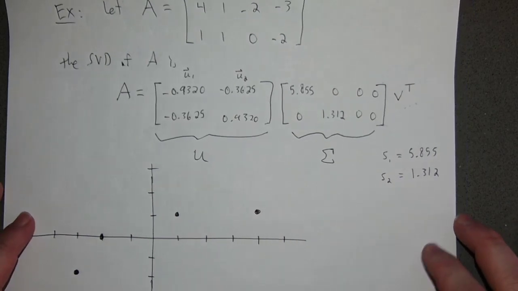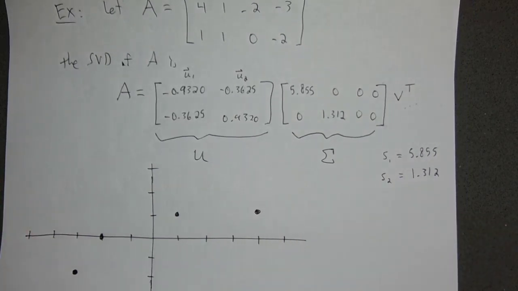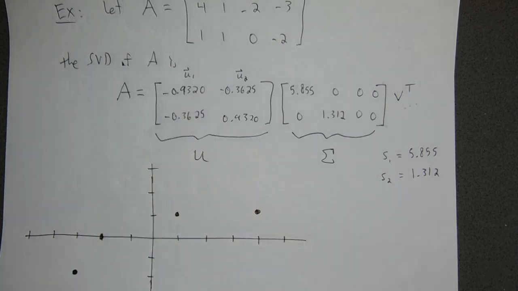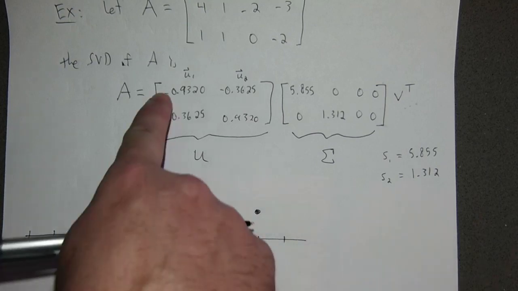Now, what am I going to do to come up with some geometric interpretation of this? The idea is, and you might have seen something similar to this when you did eigen analysis in differential equations, or just generally when you've dealt with eigenvalues and eigenvectors, I'm going to write out the eigenspaces associated with these eigenvectors.